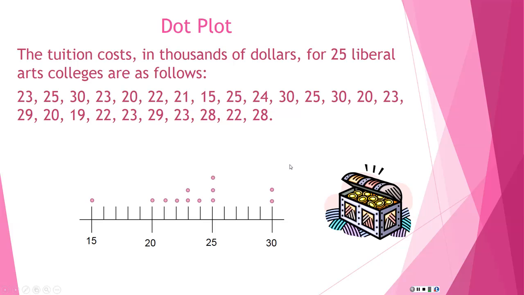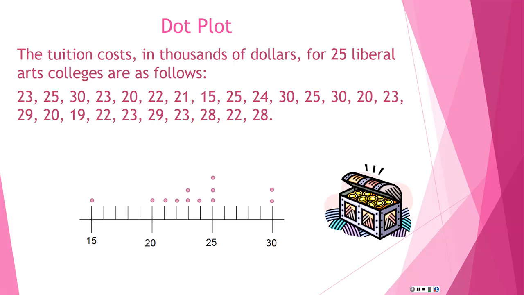Notice that every time a dot pops up, it corresponds to one of the numbers up there. This is the first 30, and then this is the second 30, so we put it up a little higher than the first one. And then there are 3 25s, one for that one, one for that one, and one for this one.